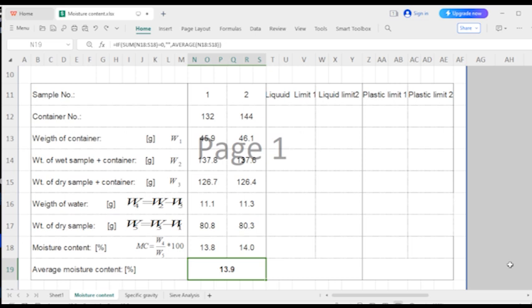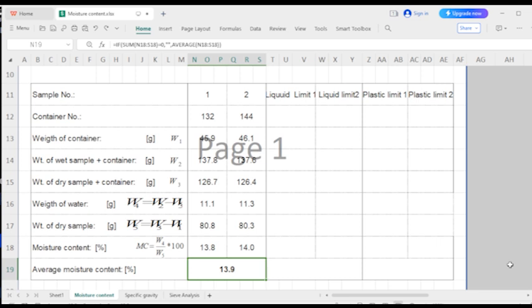So right now we are taking it back to consider the liquid limit and the plastic limit of the soil sample. The liquid limit is the moisture content at which the soil sample changes from liquid to plastic.